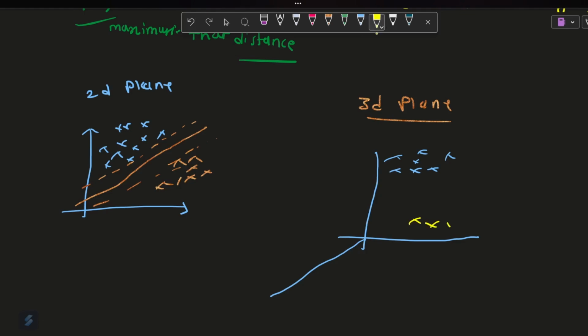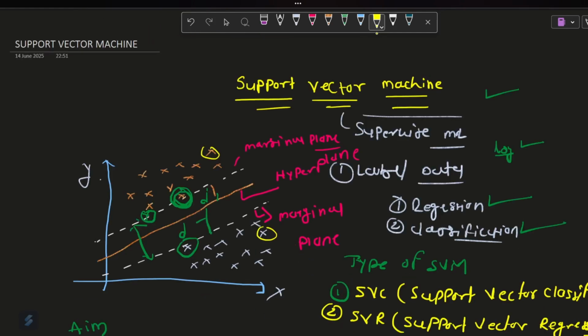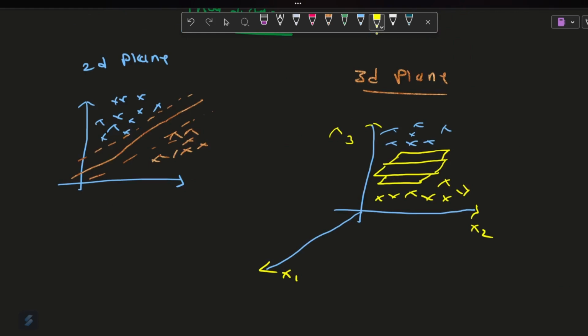When you draw a 3D plane, the marginal planes are in a 3D direction, with axes x1, x2, and x3.